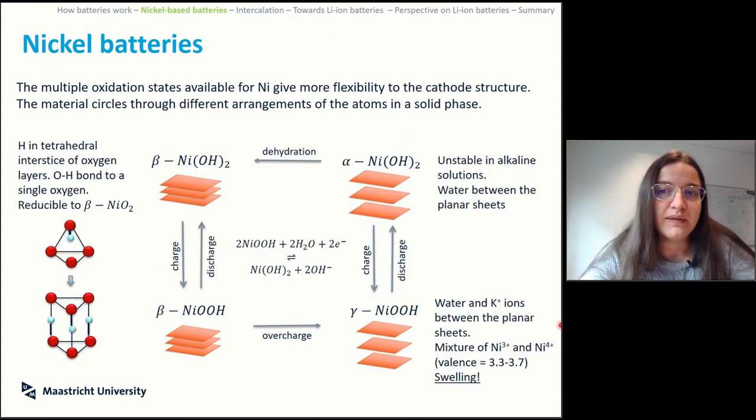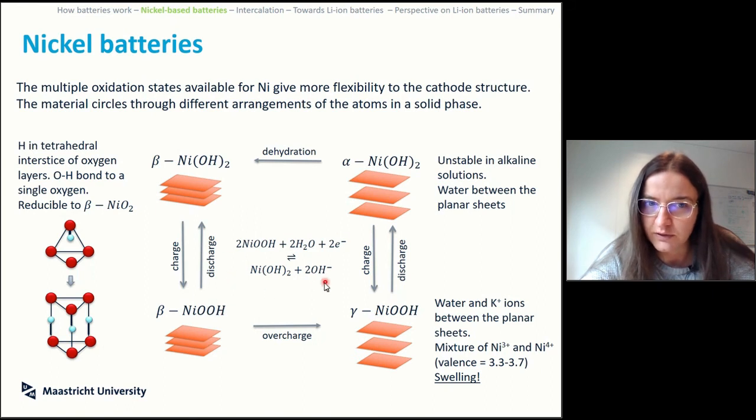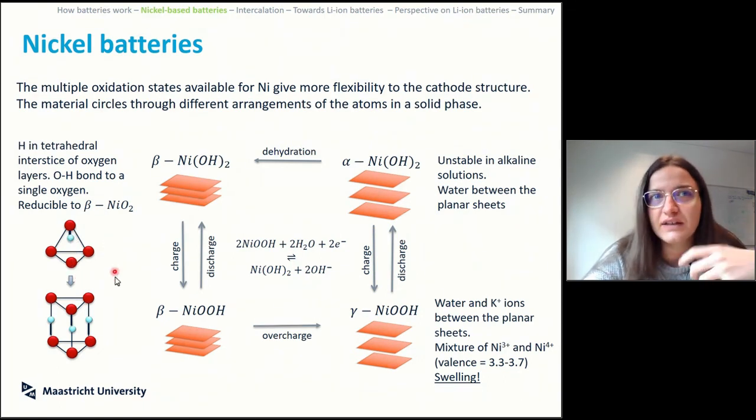So the beta nickel oxide is the one that you want to use as a positive electrode, and you have these alternate planes. This is the reaction that is going on. You want this to be completely reversible and bond with the water and or the hydroxide that is coming in and out.